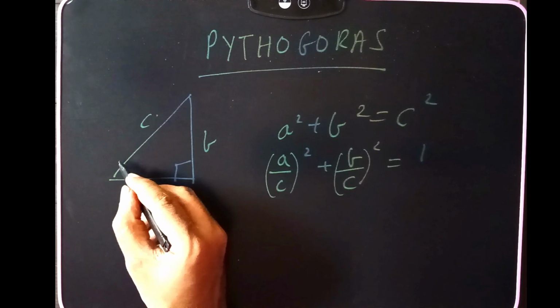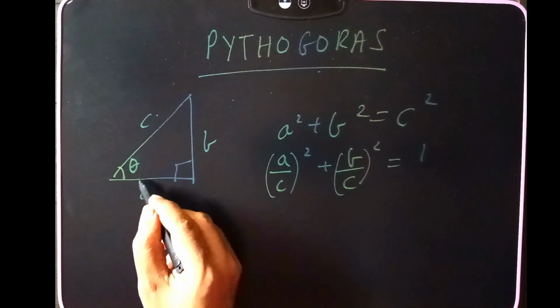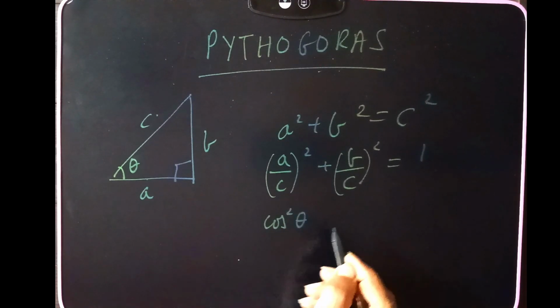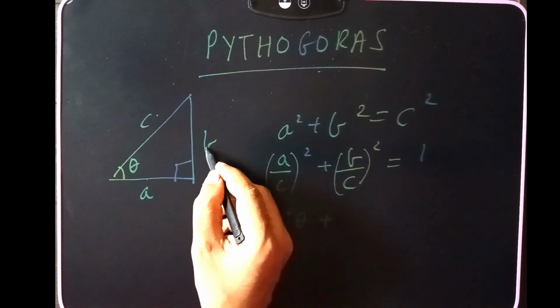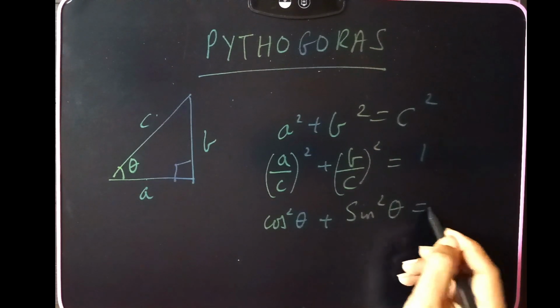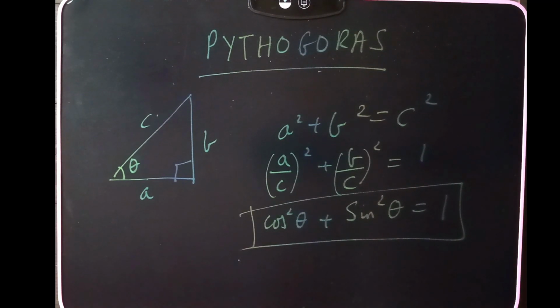If I take this side as theta, a by c is cos, b by c is sine, is equal to 1. This is based on Pythagoras theorem and trigonometric ratio. This is one very important formula. So with this we close the second part of trigonometry.